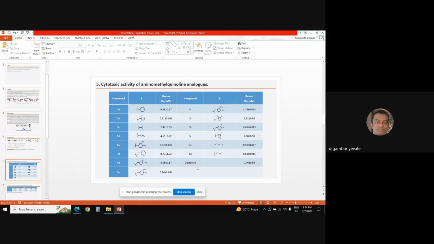Also, we have used dactolisib as a reference standard, which is a marketed drug. It shows 0.76 micromolar activity. Out of these 14 compounds, we observe 2 compounds showing good activity: compound 5E at 0.34 micromolar, and the most potent compound, 5H, at 0.26 micromolar. So we decided to take both compounds for further study.